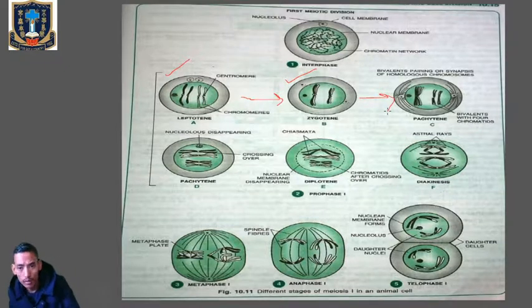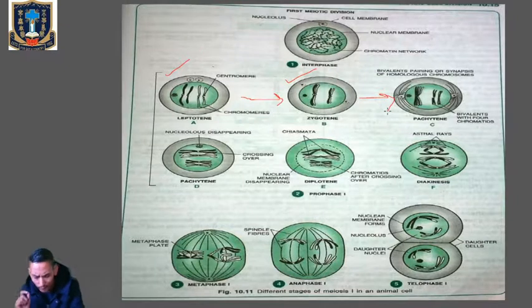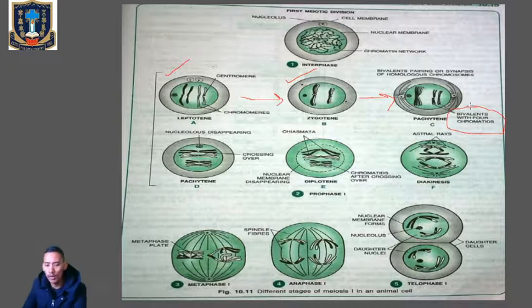So from zygotene the cell moves into the pachytene where the bivalent or the tetrad will be more clearly visible. So note it down, pachytene: during this stage the bivalent chromosomes now clearly appear as tetrads. Tetrads means having 4 chromatids. Clear? So you can see over here, bivalents with 4 chromatids. Since there are 4 chromatids, it's also called tetrads.